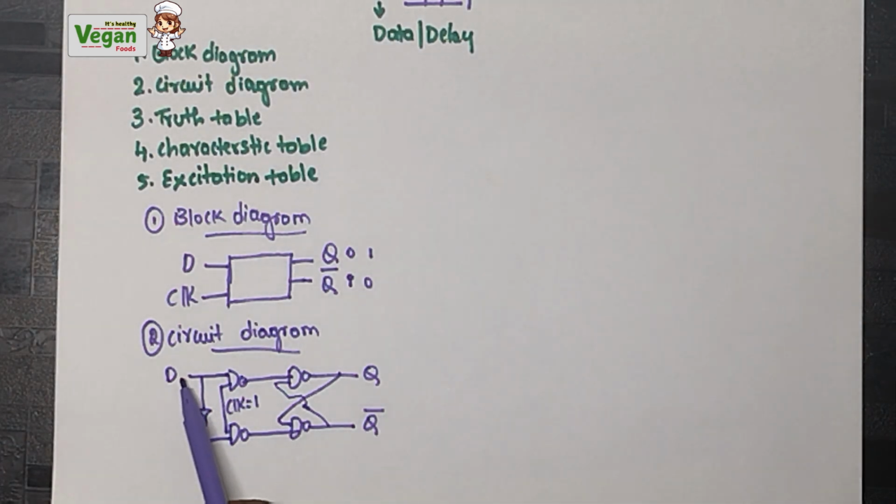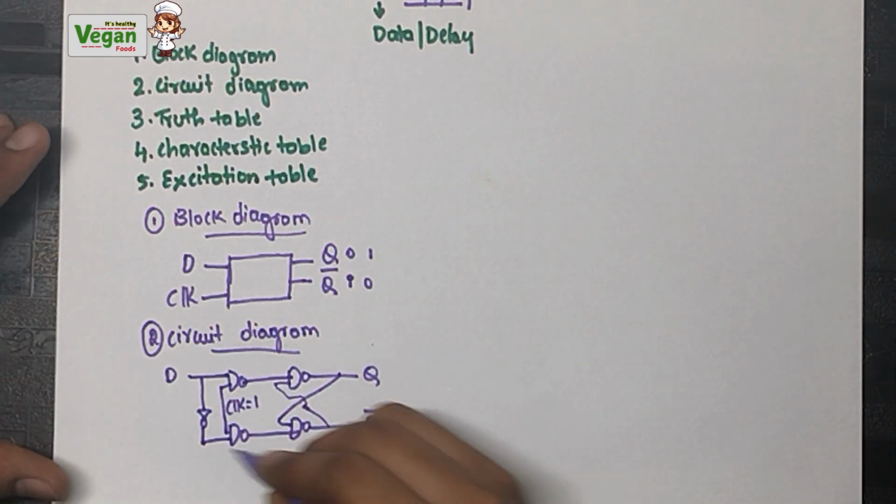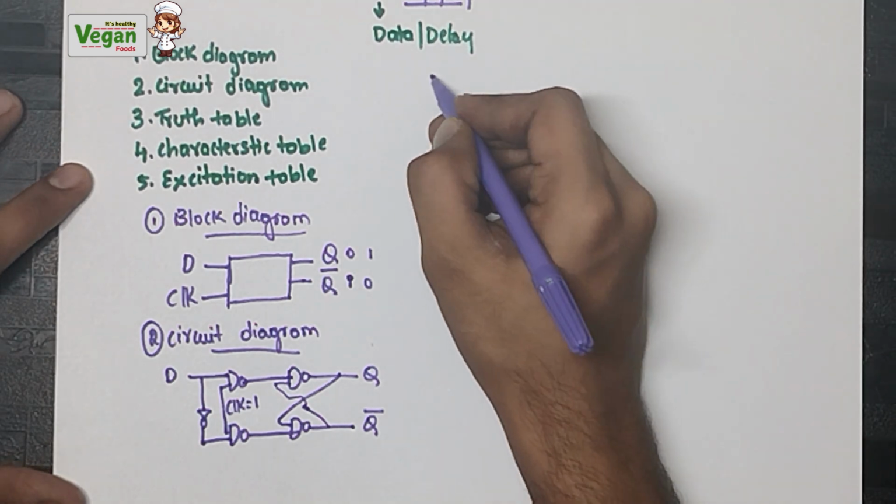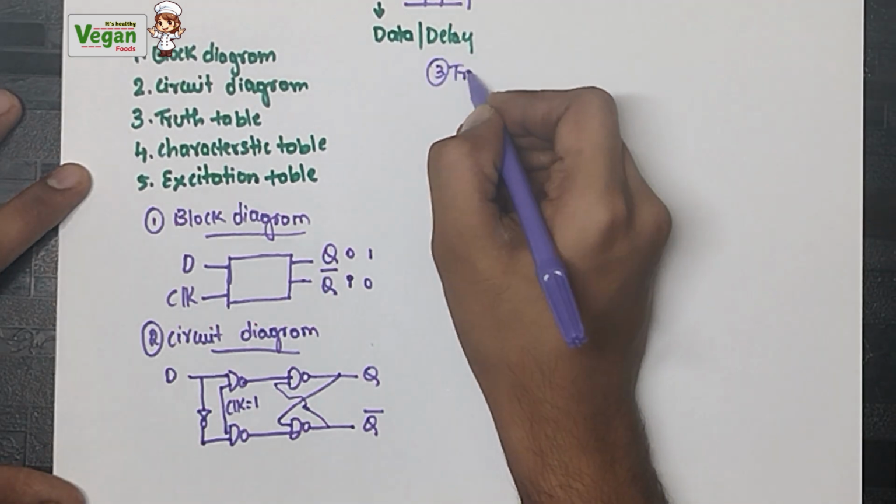Therefore, if I give 0, 0 will go to this NAND gate, but the complement of 0, that is 1, will go to this NAND gate. We must use a NOT gate in between the inputs.